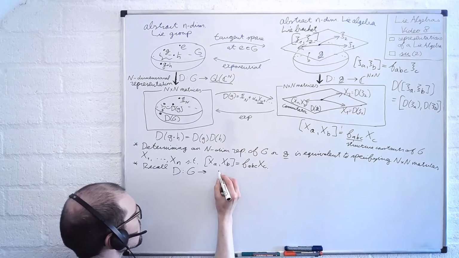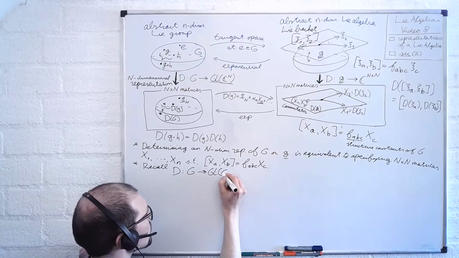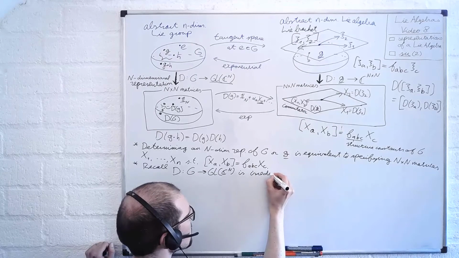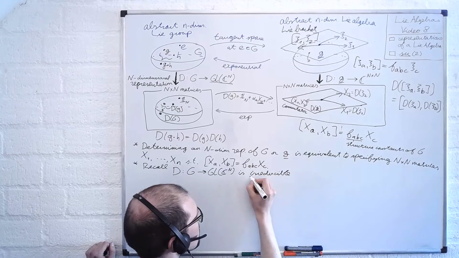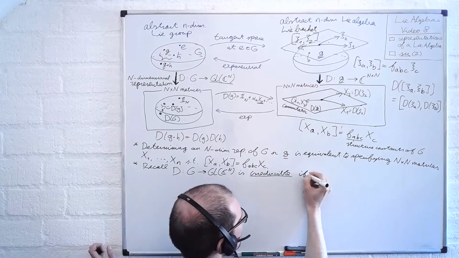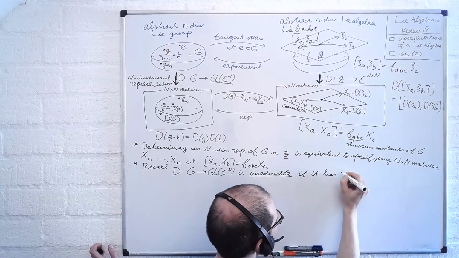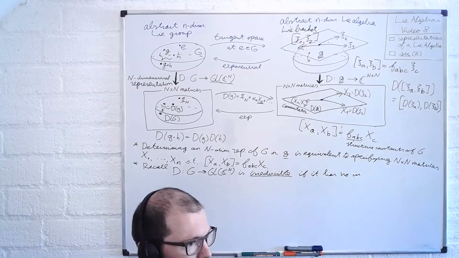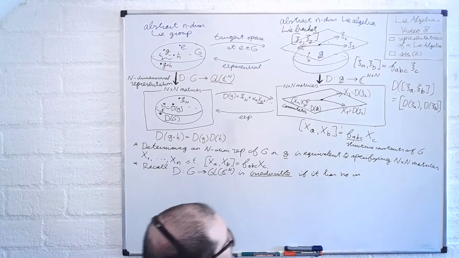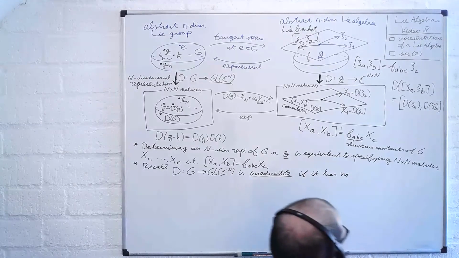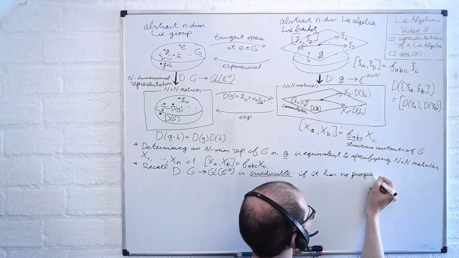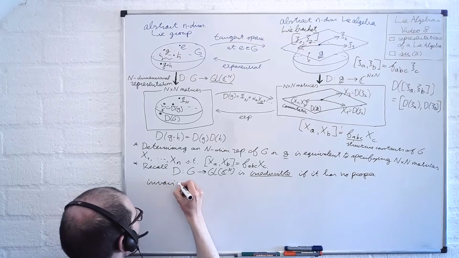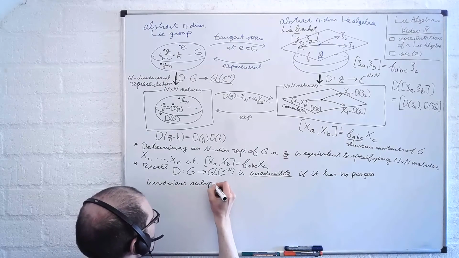A representation from a Lie group to the invertible matrices is irreducible if it has no proper invariant subspaces.